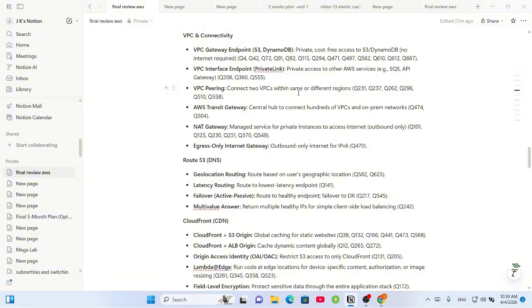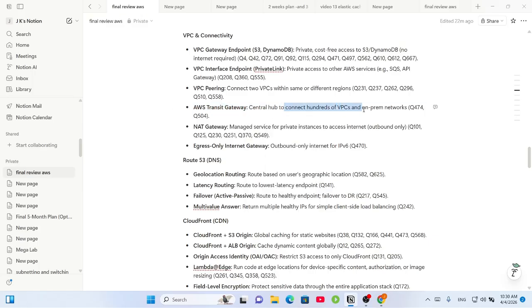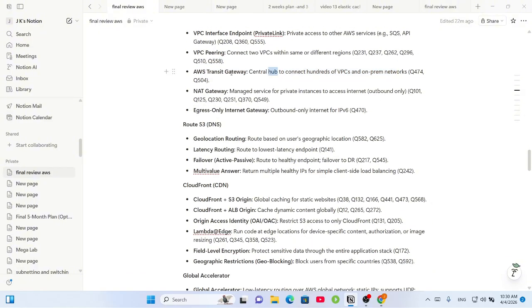But let's say you have five or six or more, you cannot use VPC peering. You have to use AWS Transit Gateway because you will have a central hub to connect hundreds of VPCs and on-premises networks. Central hub, that's the feature available in Transit Gateway.